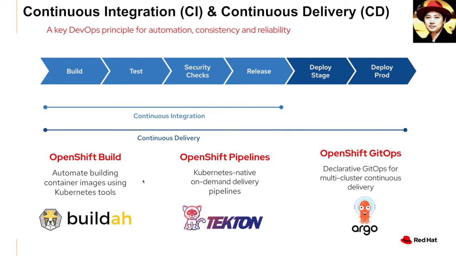For example, OpenShift Build is for Builder, OpenShift Pipelines is for Tekton, OpenShift GitOps is for ArgoCD. You will get full support along with the Red Hat OpenShift subscriptions.